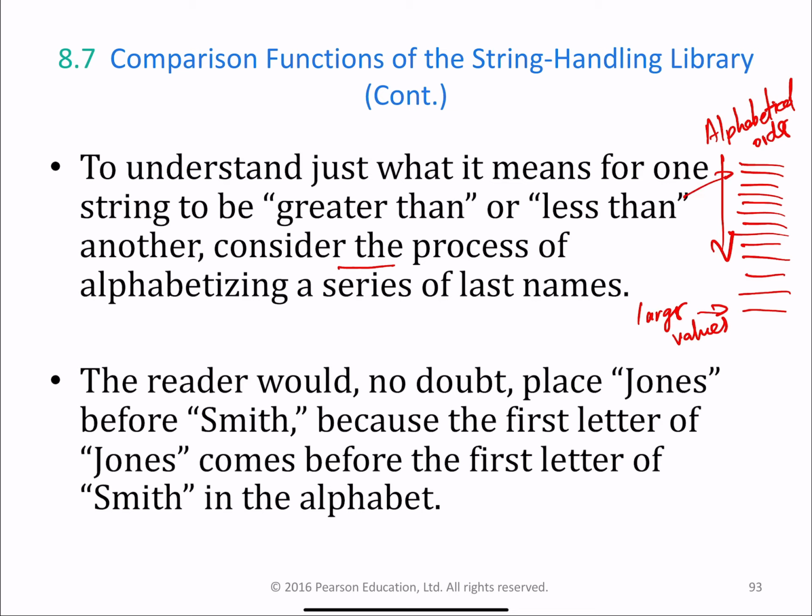Strings appearing earlier in the alphabetical order have smaller values. And that's what we mean by one string being greater or less than another. It means if one string goes here in the alphabetical order, the other one goes over here. This one is the larger string, this one is the lesser or smaller string.